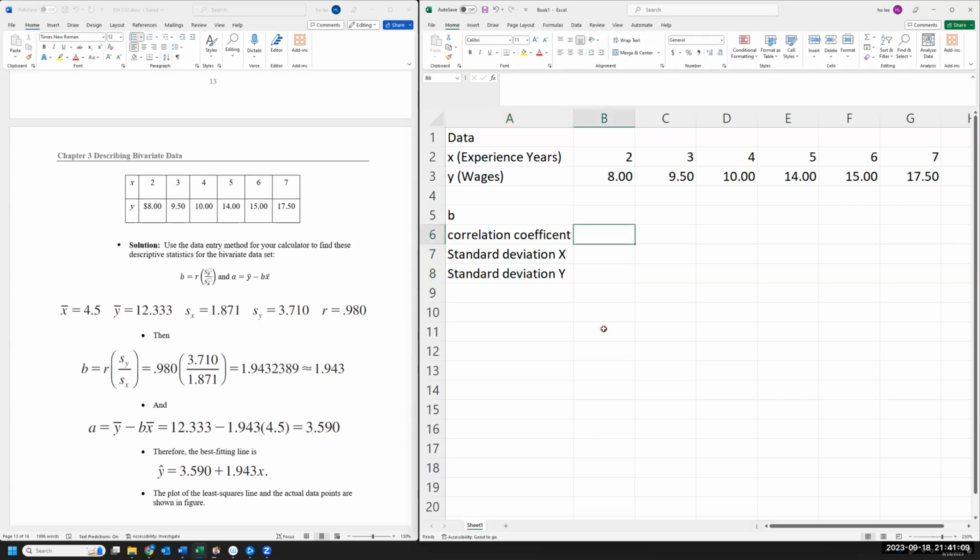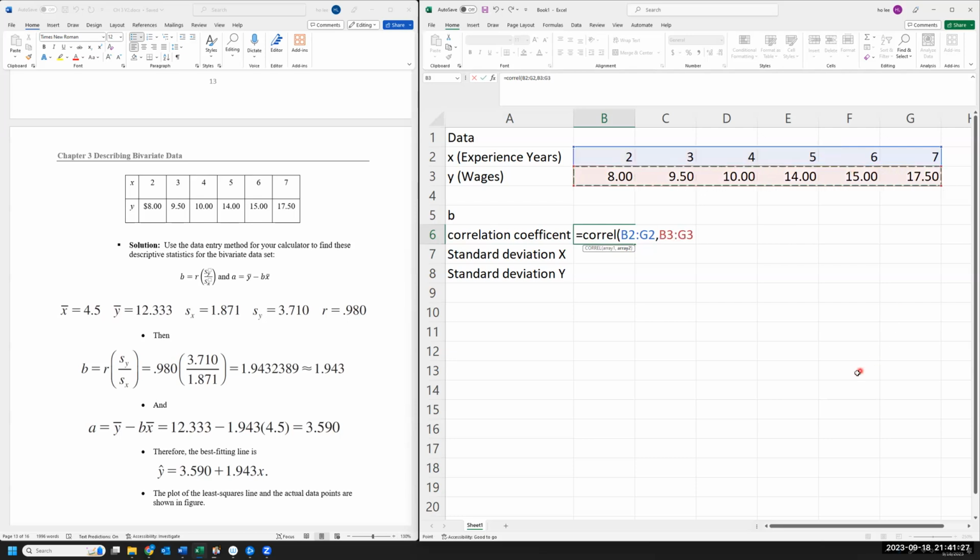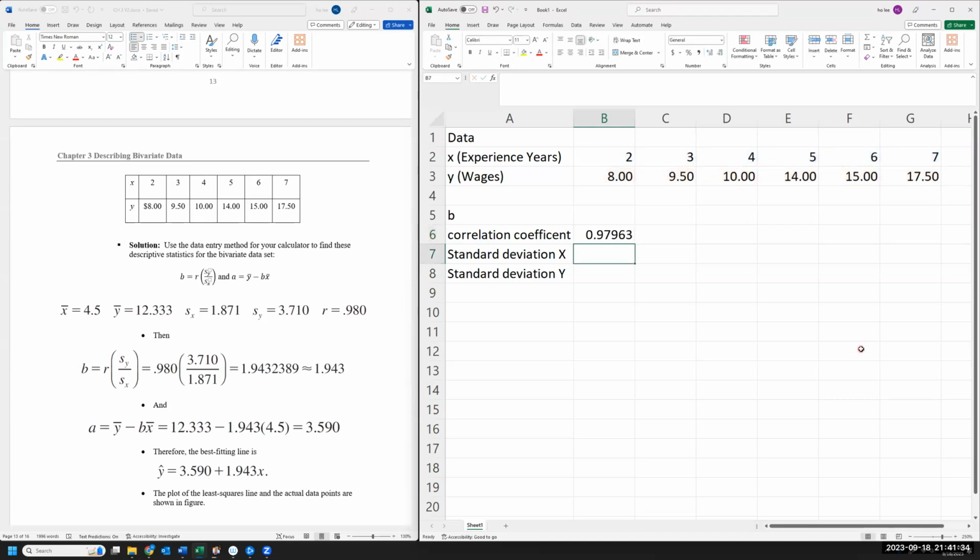The correlation coefficient in Excel is CORREL, open parentheses, put in your first set of data, either X's or Y's, it doesn't matter what you put in, comma, put in your second set, so it doesn't matter if you put in X first or Y first. Just put in your data, close parentheses, there's a correlation coefficient.